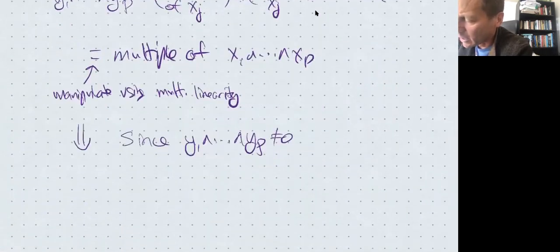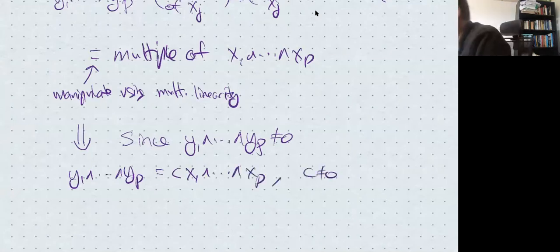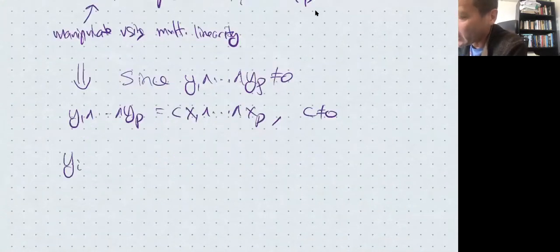So y1 wedge, etc., yp is c times x1 wedge, etc., xp, with c not equal to 0. And so let's look at yi wedge x1 up to xp.